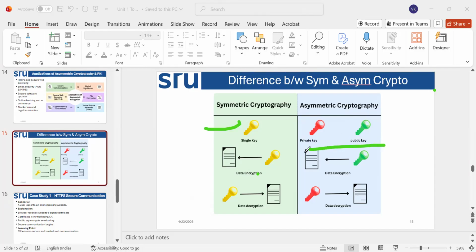Single key, double key. In symmetric cryptography, data encryption and data decryption use the same key.